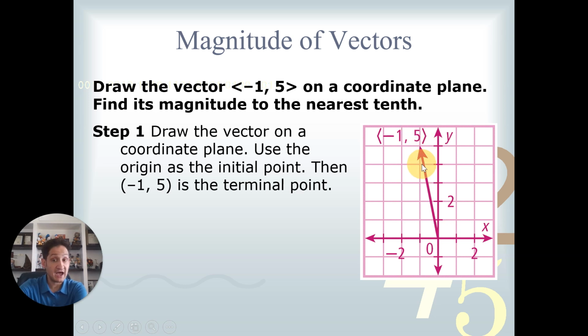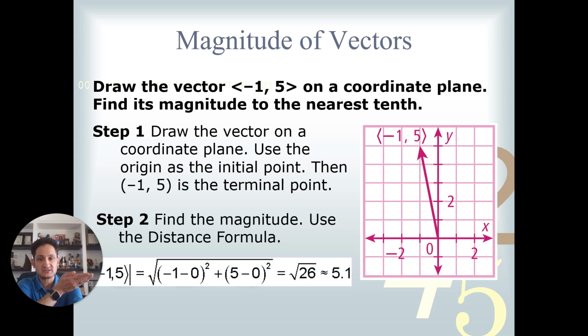So I have this vector. That's -1, 5 in component form. That tells me one leg is 1 unit long. Now, yes, it's 1 unit in the negative x direction. Do we care about that? No. Then we're going to have 5 in the other direction. That's another leg. Now, if you want to be really technical, you can put this vector at the origin and draw negative 1, 5 and do a bunch of distance formula stuff. Or you can just do 1 squared plus 5 squared equals the magnitude squared.